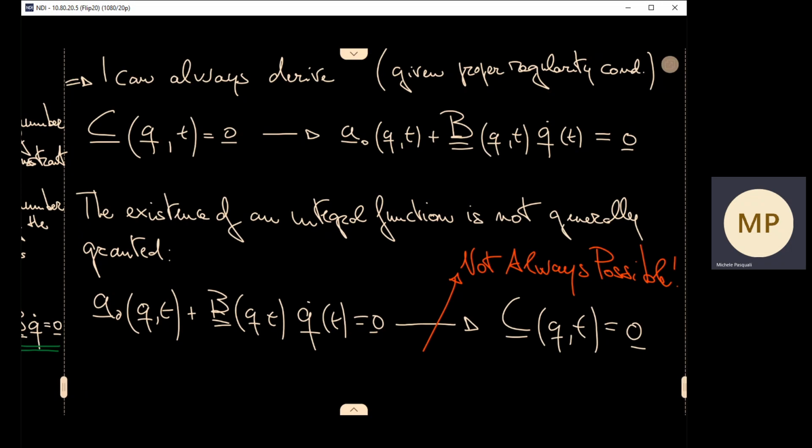Now, there is a way, in fact, to characterize this possibility or impossibility to pass from this form to another, which is the use of the terms kinematic and geometric constraints. So let's just be clear on this.